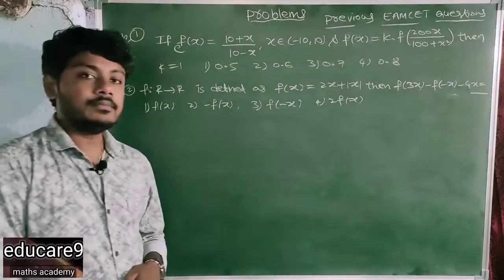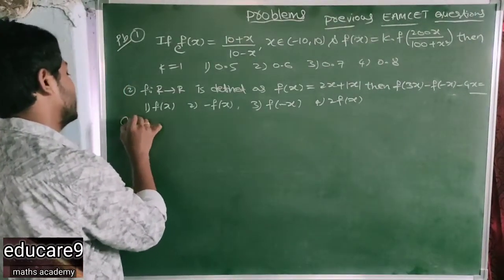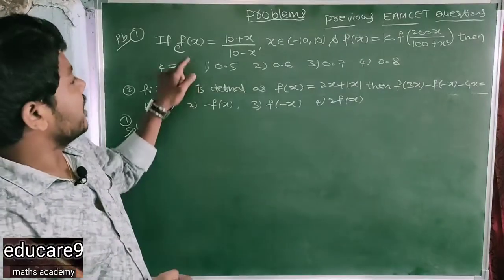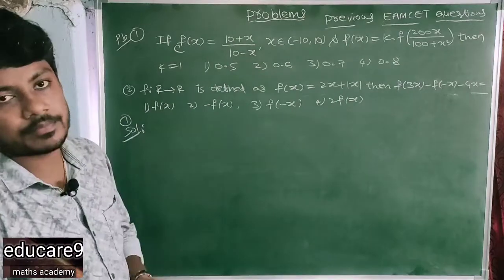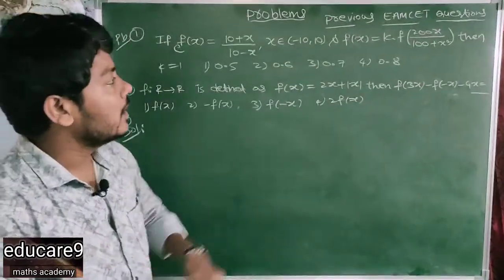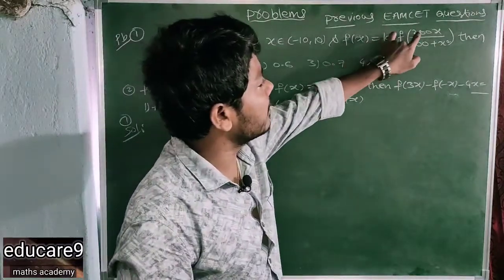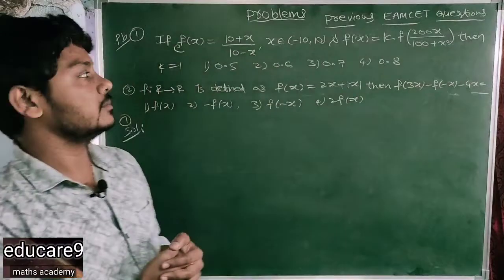See the first solution of the first one. Given e^f(x) = (10 + x)/(10 - x), x lies in the interval (-10, 10), and f(x) = k f(200x/(100 + x²)).